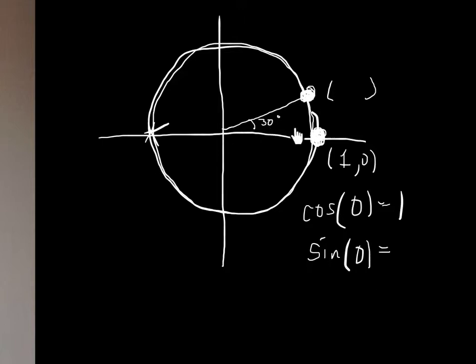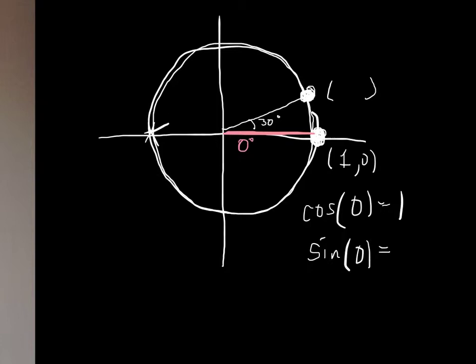Okay, so my question is, we're looking at this point right here on the unit circle. And this point corresponds to an angle of, I'm going to draw it in pink, well, it's like an angle of no angle. Right? So it's like 0 degrees.